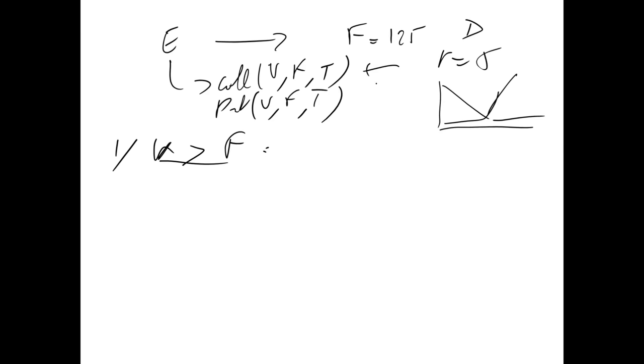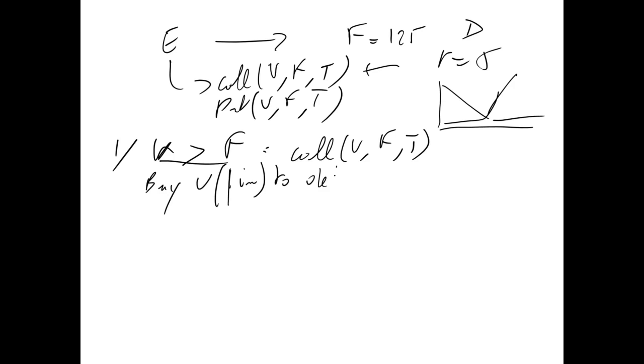If V is over F, what do you exercise? You exercise the call. What the call tells you is you buy V, meaning the firm, from debt holders at F at period T. So, in fact, you reimburse the debt.